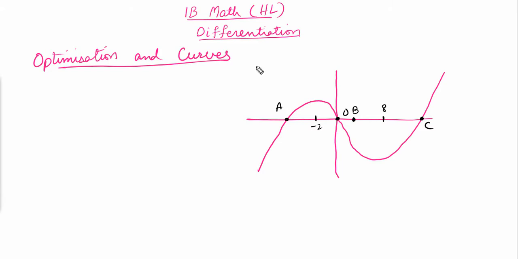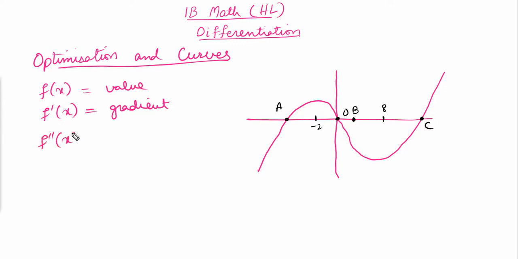Remember that if we write f of x, it will give us the value of the function at that particular point. If we write f dash of x, it will give us the gradient at that particular point, like at x. If we write f double dash of x, it will give us the concavity, whether it is concave up or concave down.